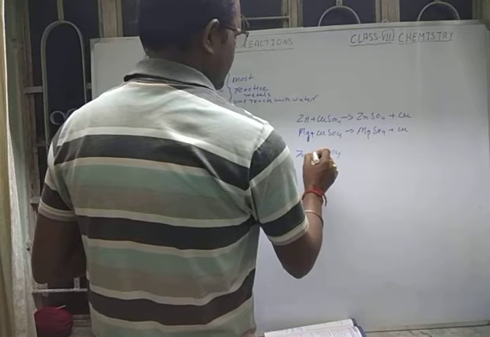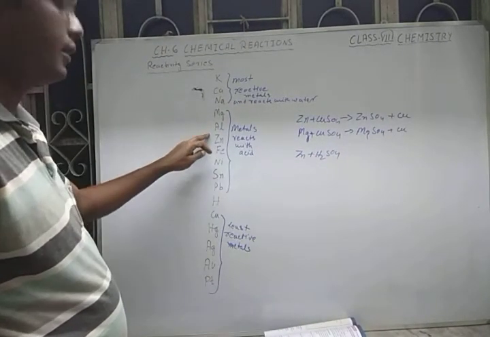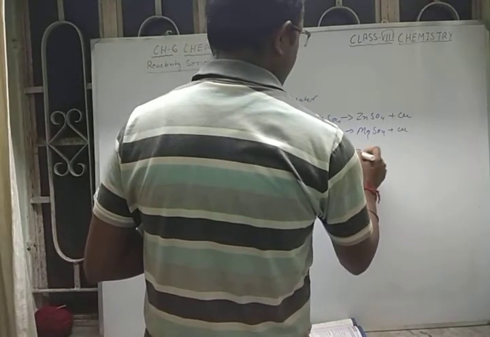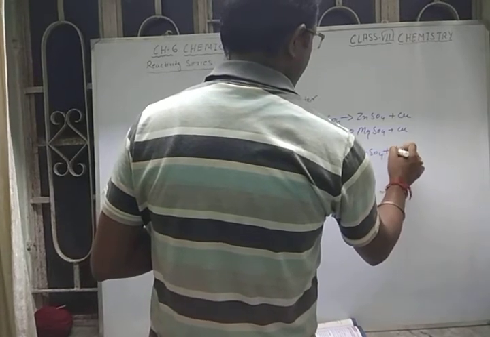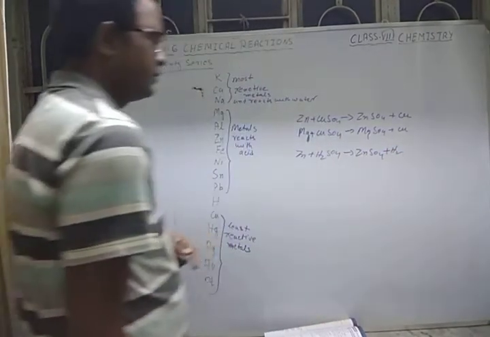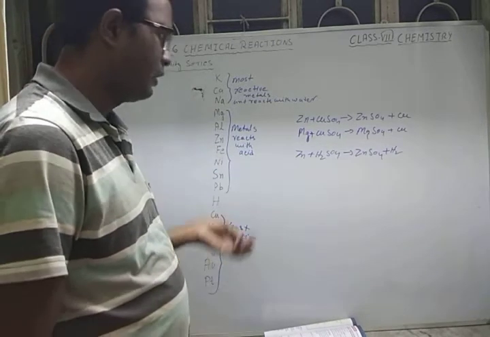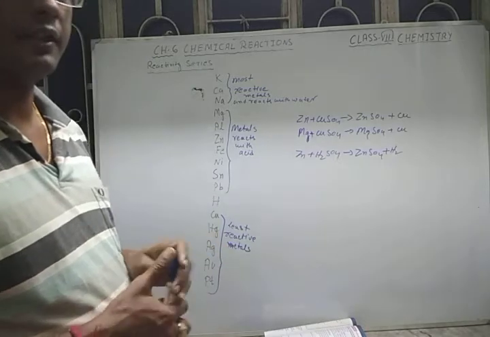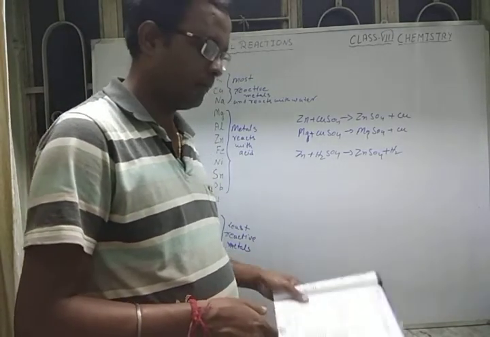Zinc is more reactive than hydrogen, it is above hydrogen, so zinc will displace hydrogen to form ZnSO4 plus H2 gas. So this is another example of a displacement reaction. You can see how more reactive metals displace less reactive metals from their compounds and form a new compound.